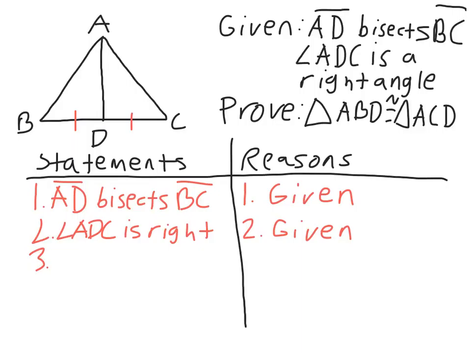So those are congruent. So our next statement is BD is congruent to DC. And the reason was because they were bisected, so you would say definition of bisector.